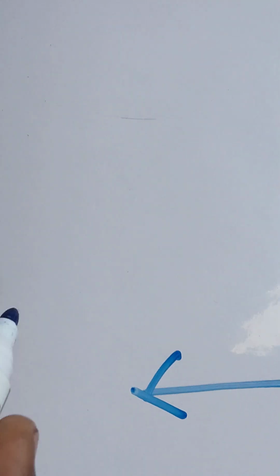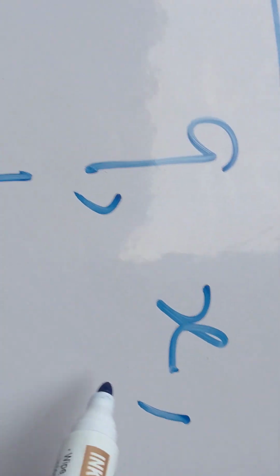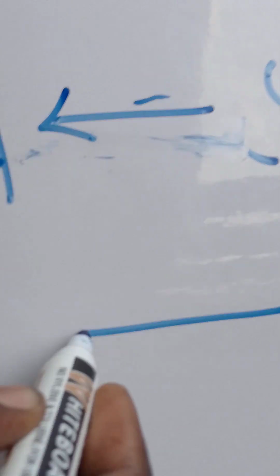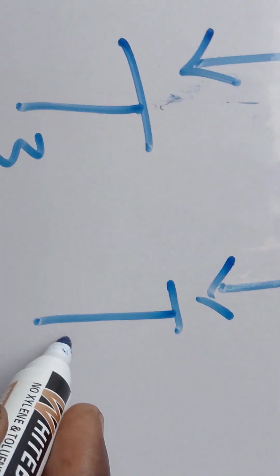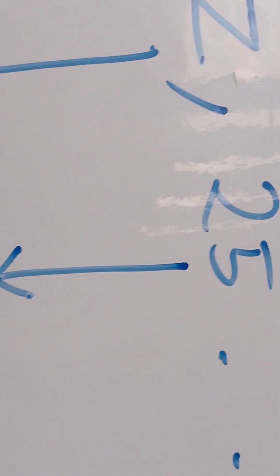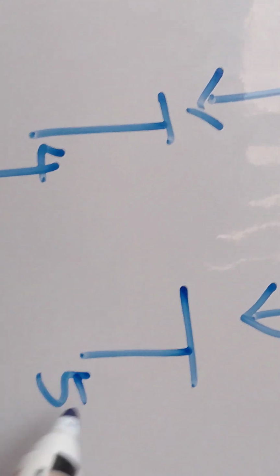Alright, so let's do that. The first term here is T1, the second term is T2, the third term is T3, the fourth term is z, that's T4, and 25 is the fifth term, that is T5.